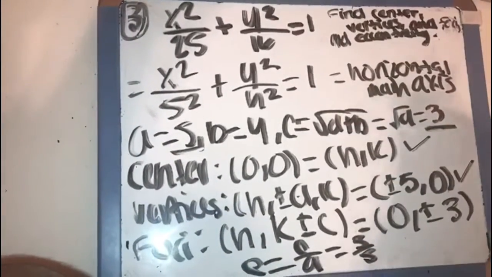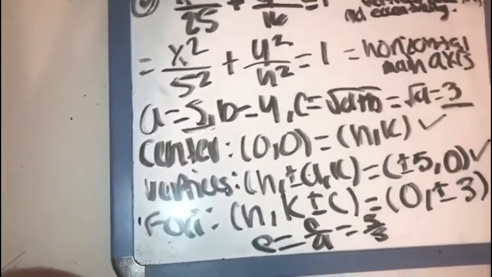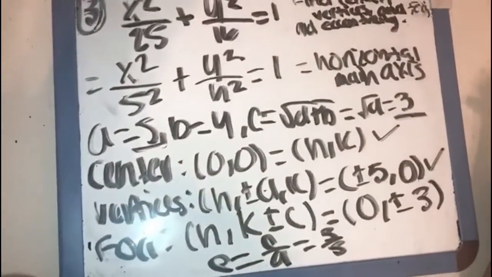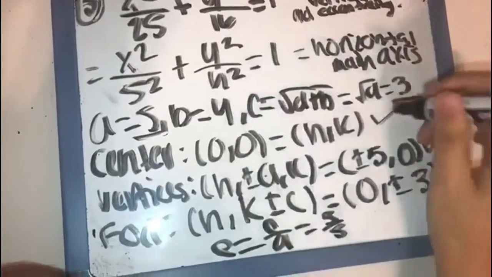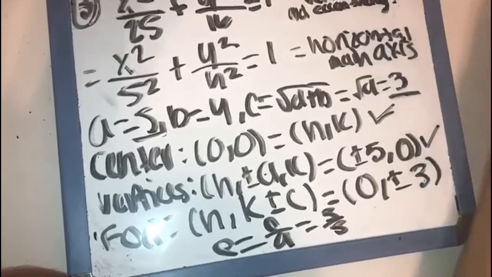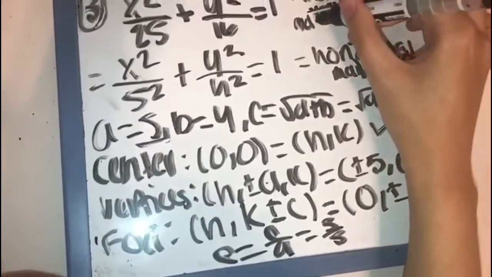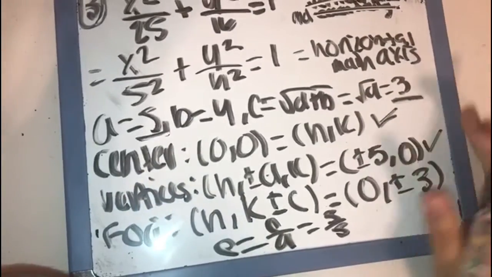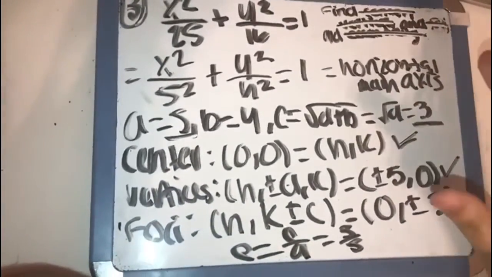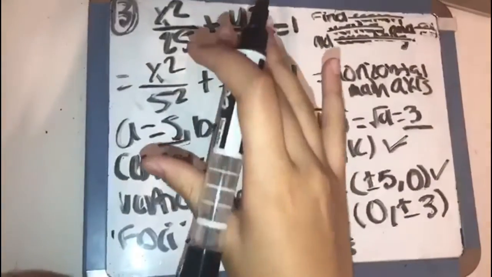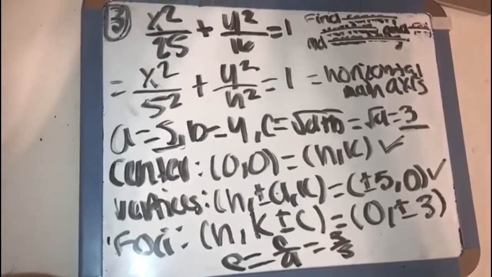So let's make sure you found everything, because I was a little mysterious last time. Center, we found center. Okay, let's cross that out. Vertices, yup. Foci, yes. And eccentricity, yes. So these are the characteristics from the standard form of the equation of the ellipse.